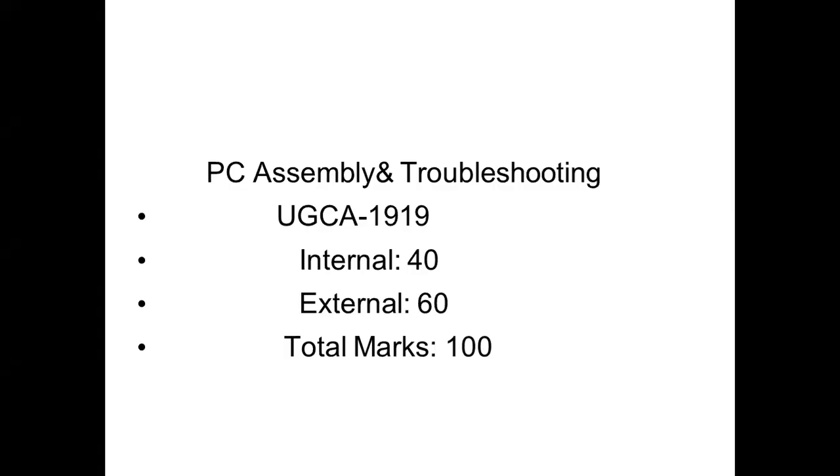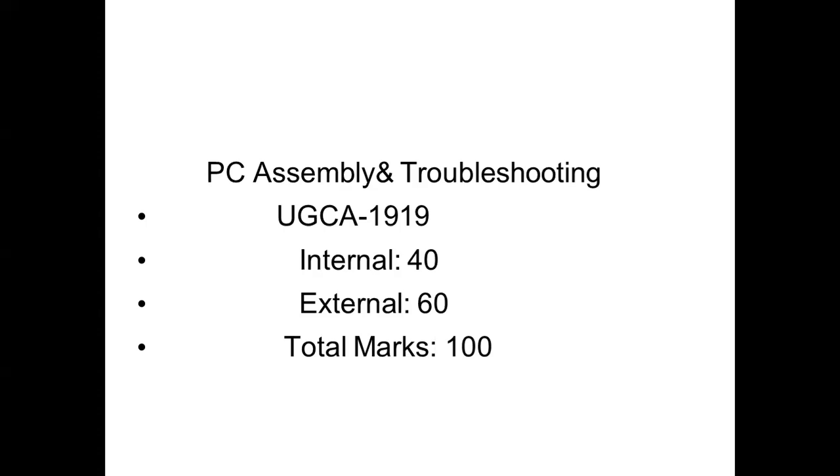Its subject code is UGCA 1919. It is of total 100 marks, which is divided into internal of 40 marks. You know very well, it consists of assignments and MST, and external is of 60 marks. So total marks is 100.